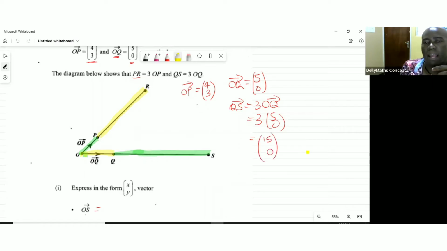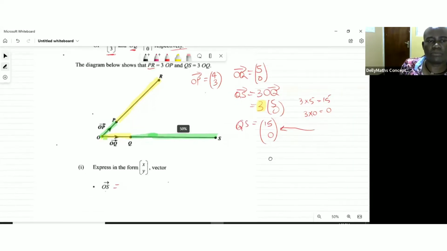This is a scalar multiplication: whatever is outside the matrix is used to multiply everything inside. So we end up with 3 times 5, that's the 15 at the top, and 3 times 0, that's a 0. That is how we arrived at this, the vector QS.